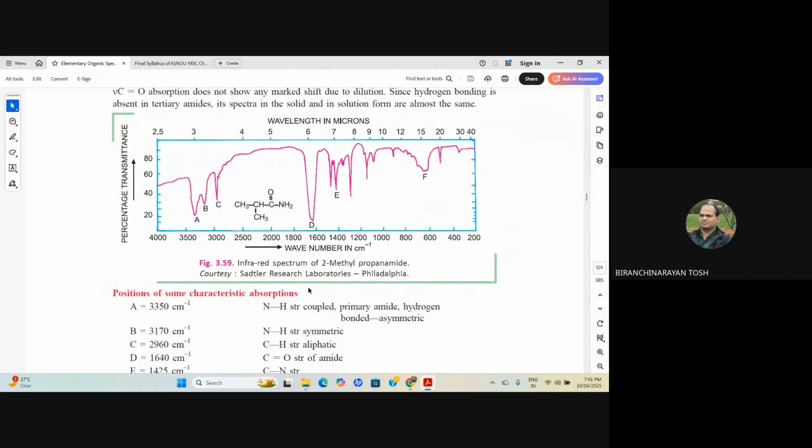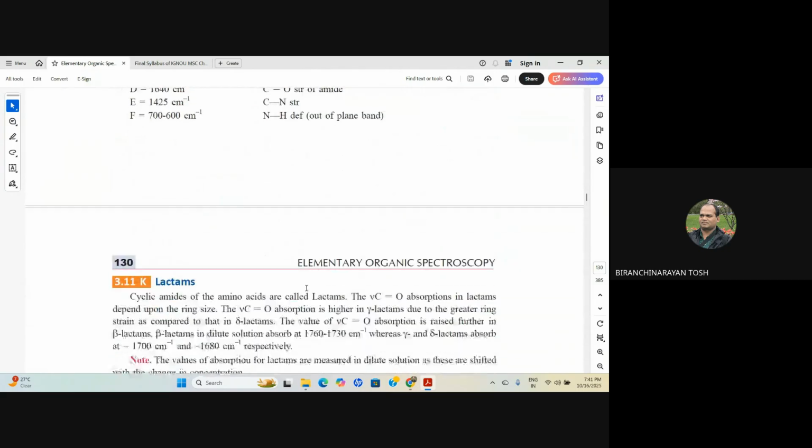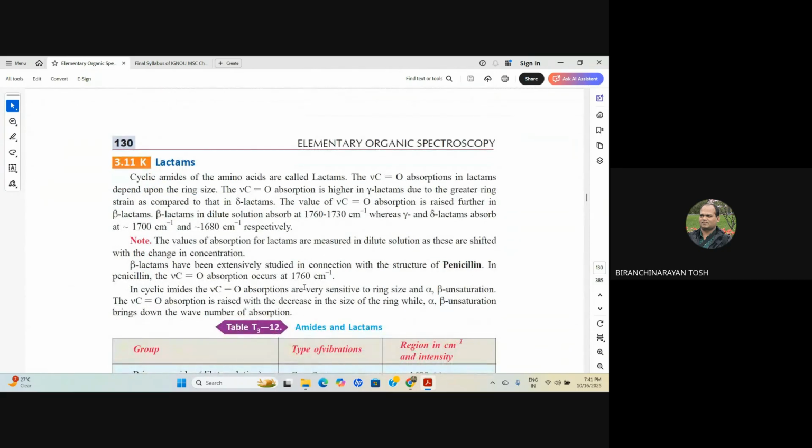It will be similar. We just have to compare, because for infrared spectra you should know the functional groups. You should expect what different functional groups should be there. Then only you can compare.